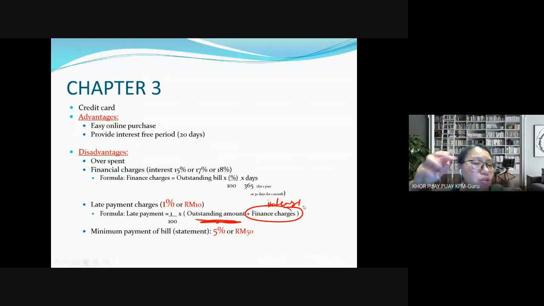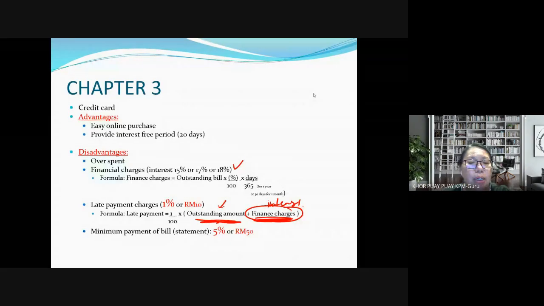So it's like you are already double charged, because you are charged interest and then you pay late payment. That late payment also includes your financial charge again. So it's like a double charge here already. So not worth it. So make sure you pay on time or pay that minimum payment. As long as you pay a little bit, you have no late payment.